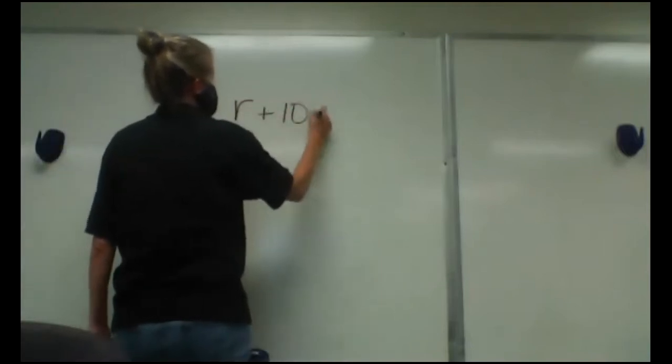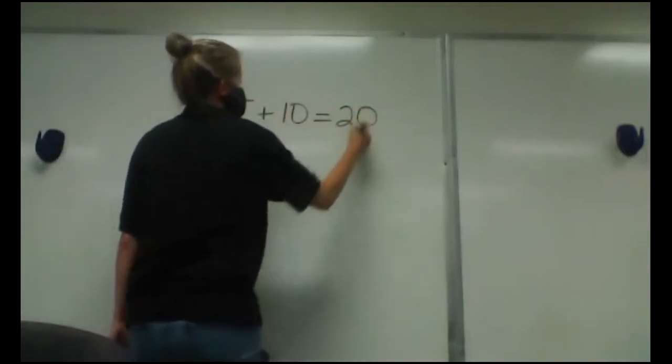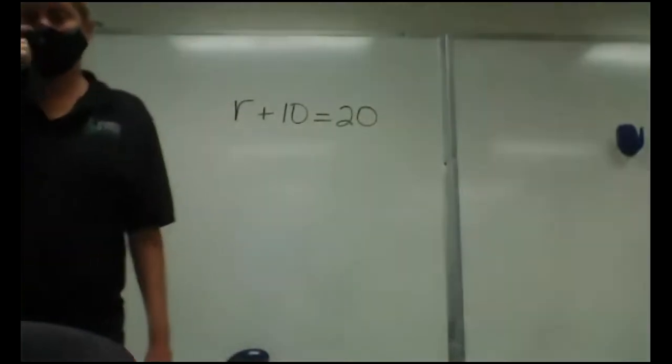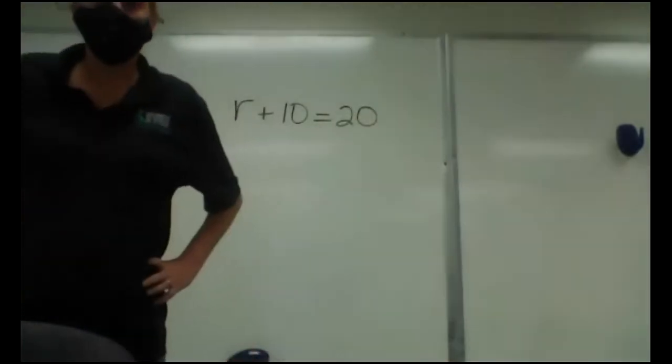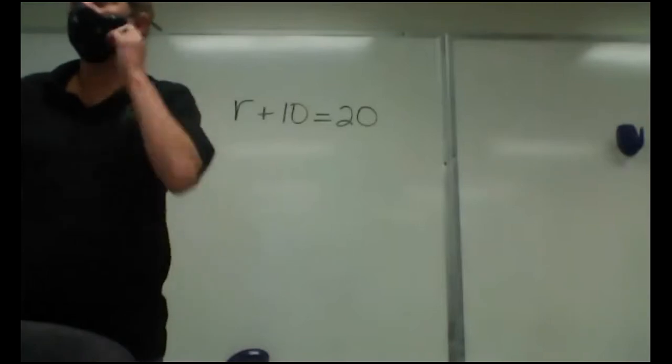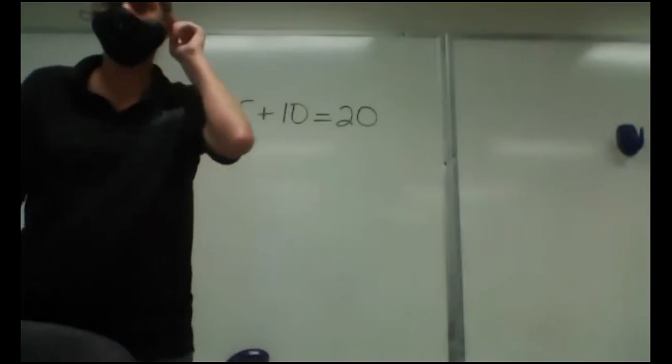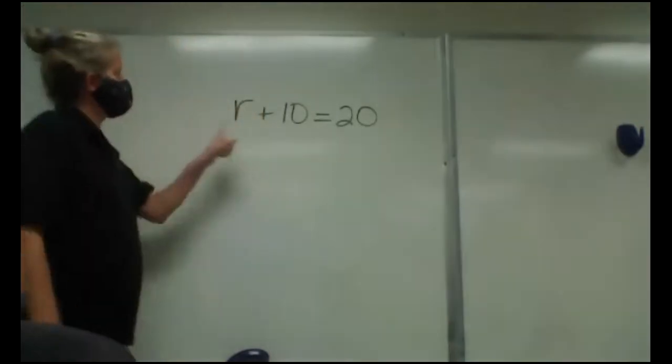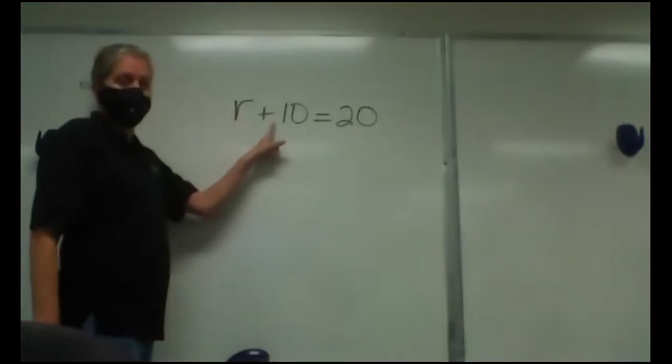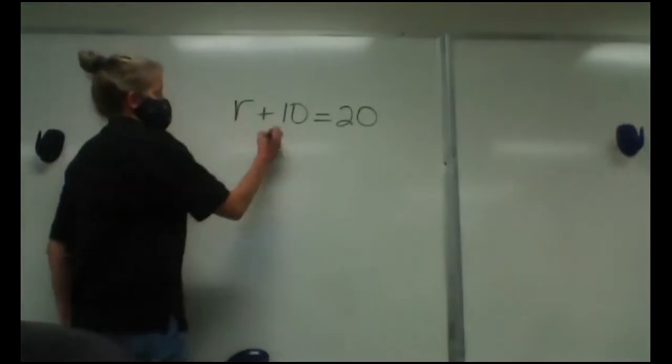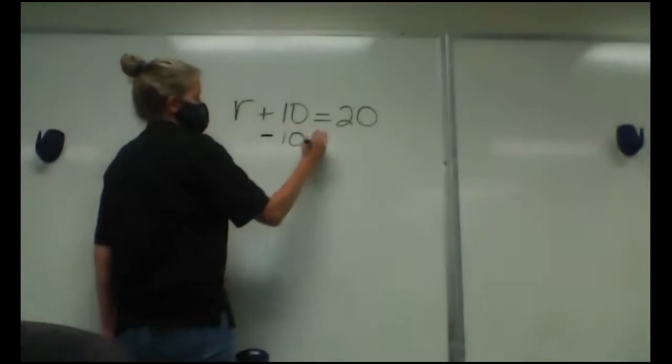R plus 10 equals 20. R wants to be alone. I need to get rid of plus 10 this time, so I will subtract 10.